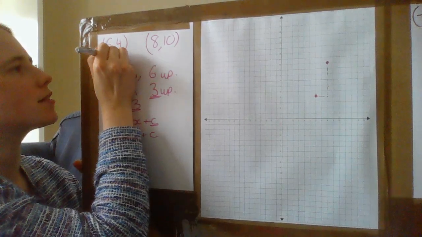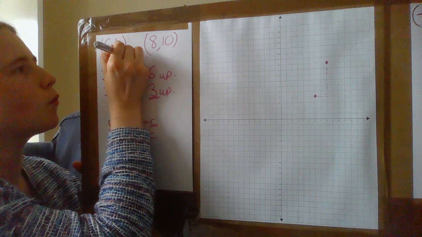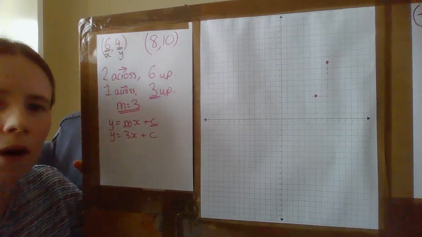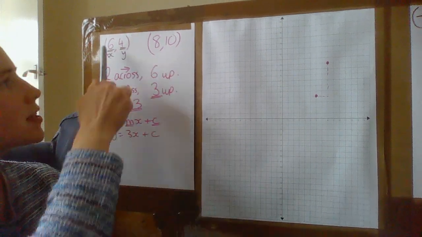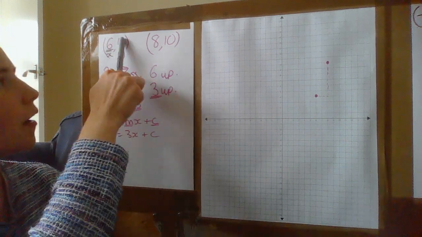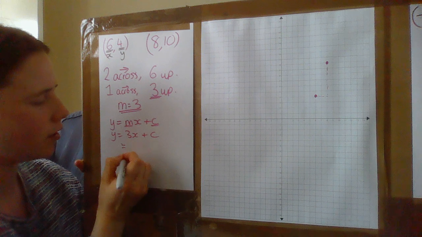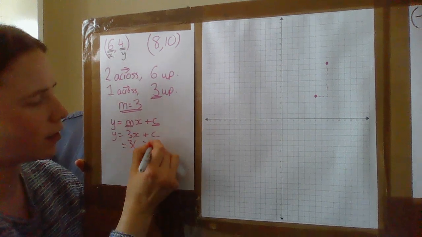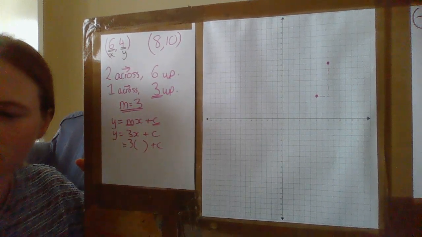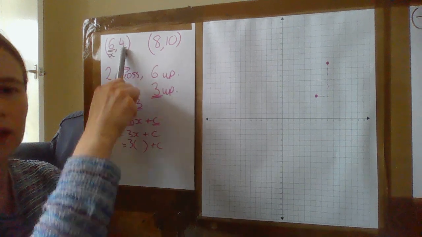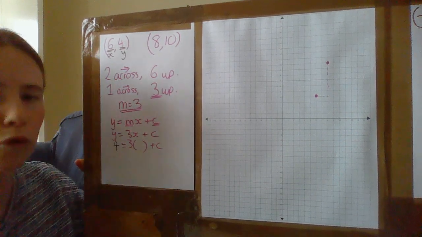So 6 is an x value and 4 is a y value. And what I'm going to do is I'm going to put the 6 in where the x is and 4 where the y is. So I'm going to have the y value equals 3 lots of the x value plus c. So the y value is 4. I'm going to pop that there where the y was.